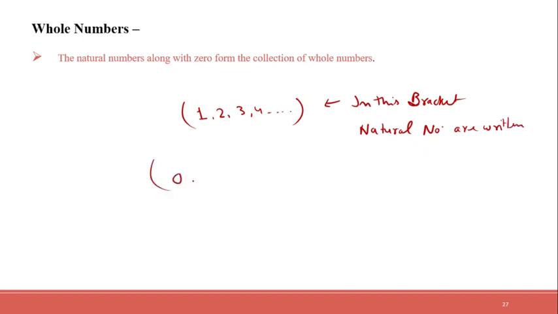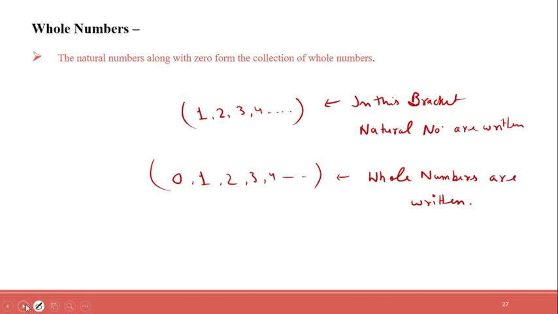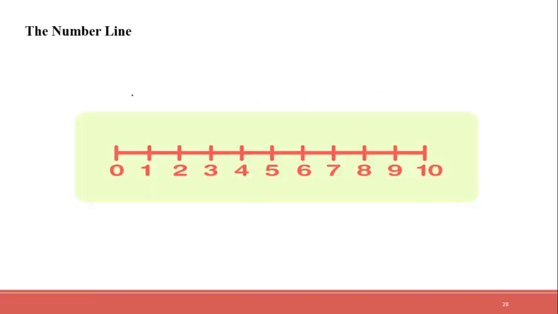And if I write it like this, 0, 1, 2, 3, 4, and so on, then we will say in this bracket whole numbers are written. Got it? Now I hope you got this very clear. What is the difference between whole number and natural numbers? Now come to next one.